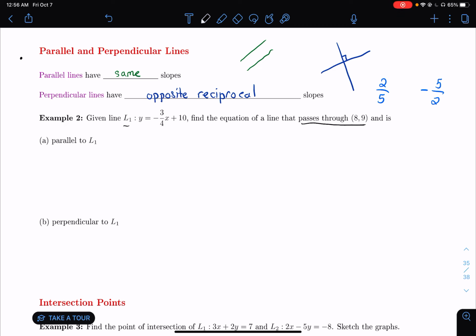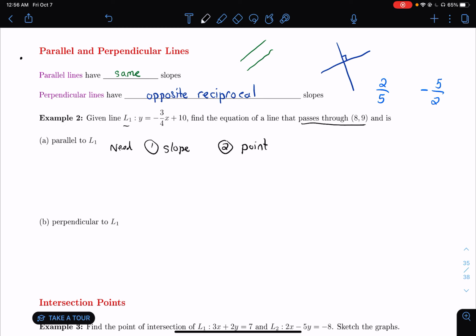To get the equation, I need either the slope and the y-intercept, so I can do y equals mx plus b, or the slope and a point, so I can do point-slope form. Usually that's easier to get, so I'm going to try to get the slope and a point.